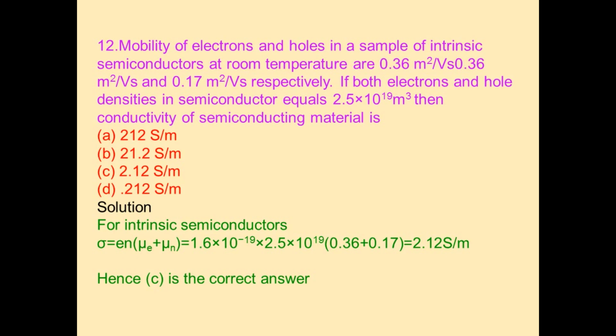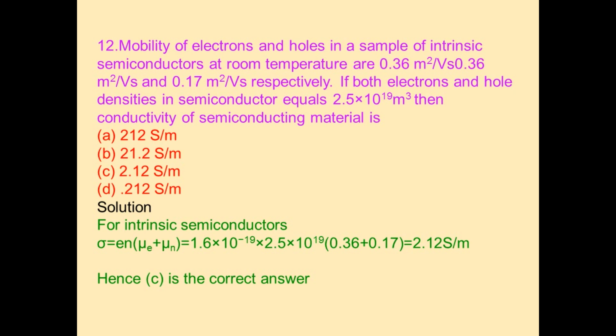Twelfth one, mobility of electrons and holes in a sample of intrinsic semiconductor at room temperature are 0.36 and 0.17 respectively. If both electron and hole densities in the semiconductor equal 2.5 into 10 power 19 per meter cube, find the conductivity of the semiconducting material.